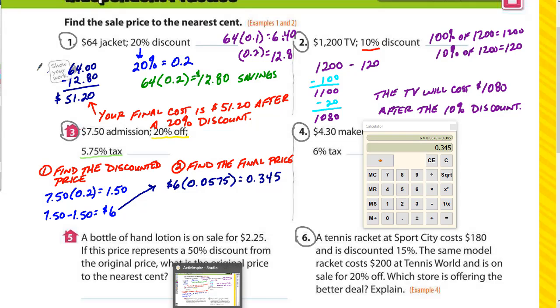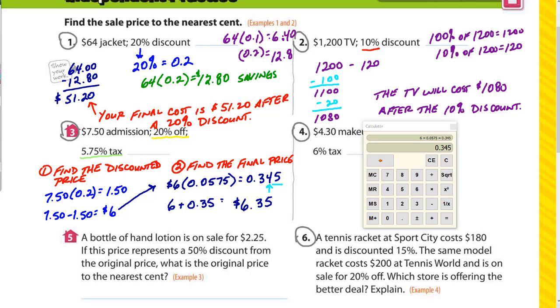Now remember, our system of money does not use a thousandths place, so we have to get rid of that 5. It's going to tell us what to do to that 4, and in this case, since it's more than halfway to the next hundredth, this is going to be 35 cents. So we are going to take our $6, add the 35 cents, and we get a final price of $6.35 for admission.